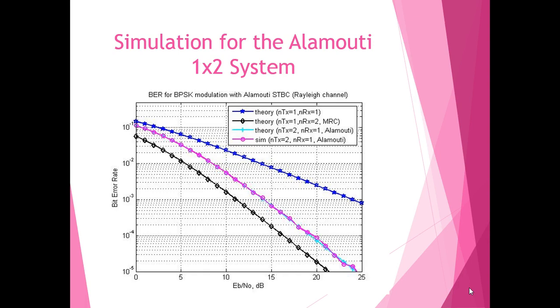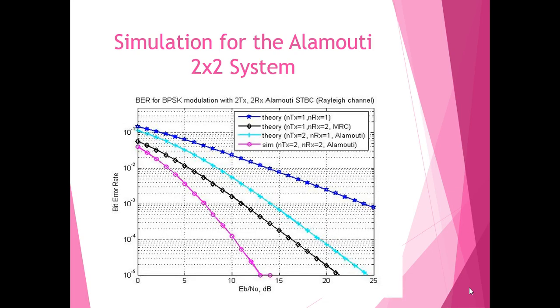So we can conclude that the Alamouti 1x2 system is not as good as the MRC 1x2 system in this case. Moving over to the simulation results of the Alamouti 2x2 system, we can see a remarkable increase in the bit error performance of this system as compared to the previous MRC 1x2 system.